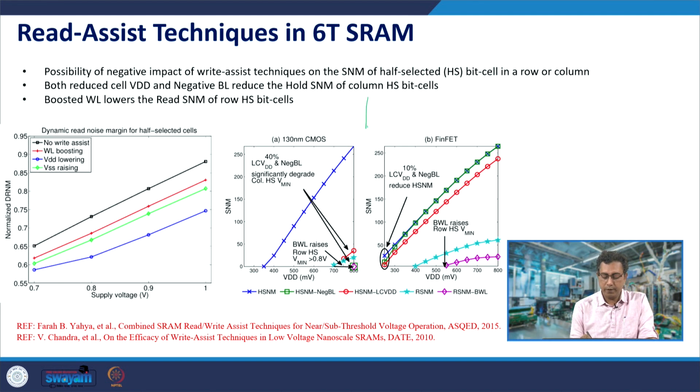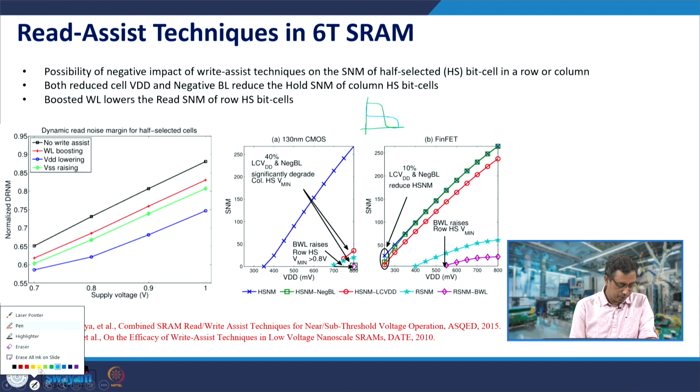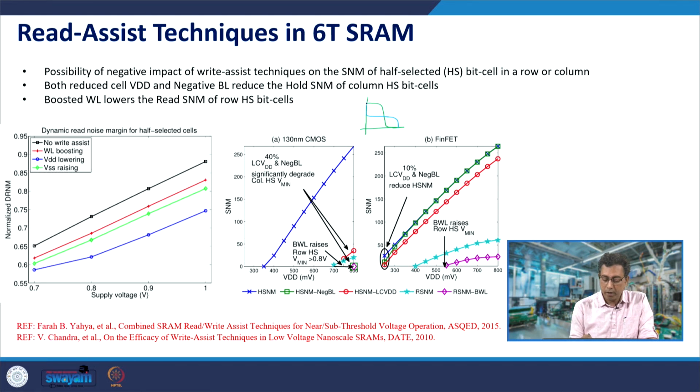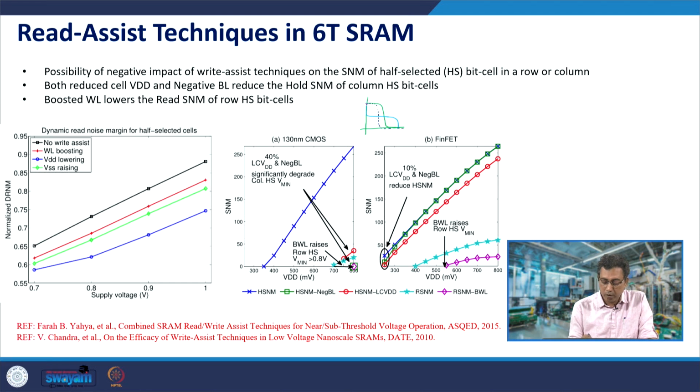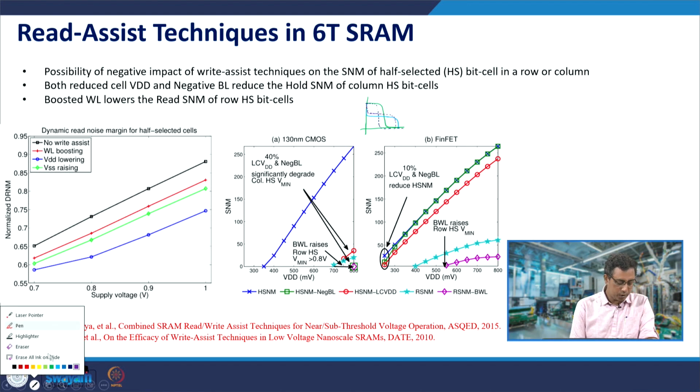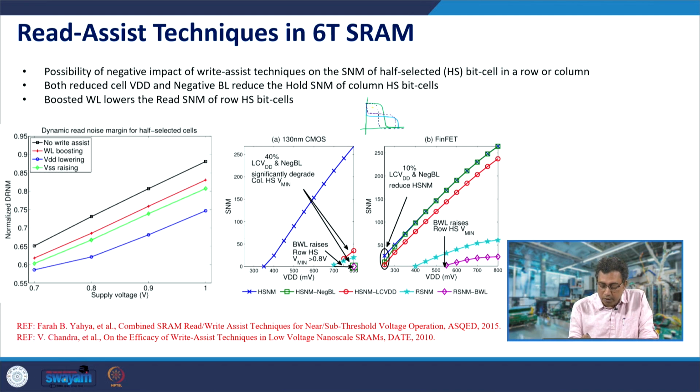We can understand it this way: the butterfly curve, instead of being like this, can become skewed, and that would reduce the noise margin, because the static noise margin is the largest square that can fit in this.